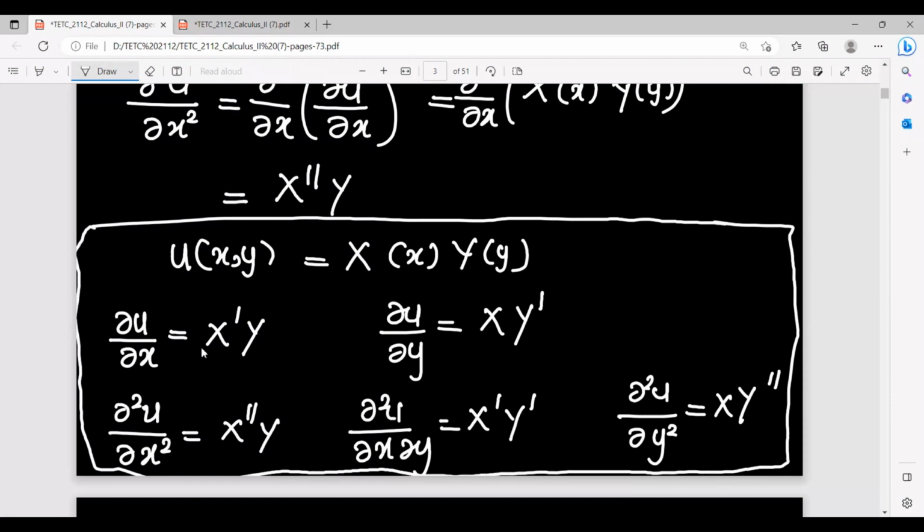You don't need to verify this expression. If you need, you can directly apply this expression when we are solving a heat equation.